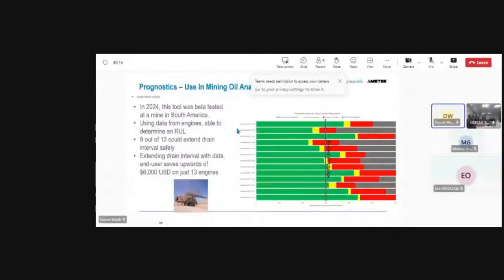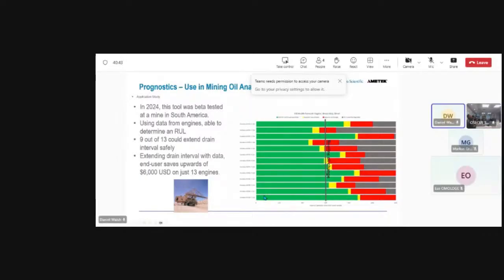They were able to save just on the oil cost $6,000 per engine, by the way. And that involves the time and the oil change being in the shop of changing those. If you look over here on the right hand side, the way you look at this graph is that here you have all these engines.